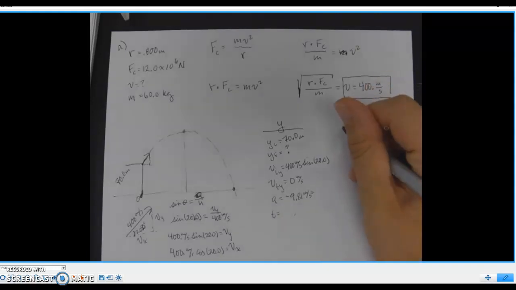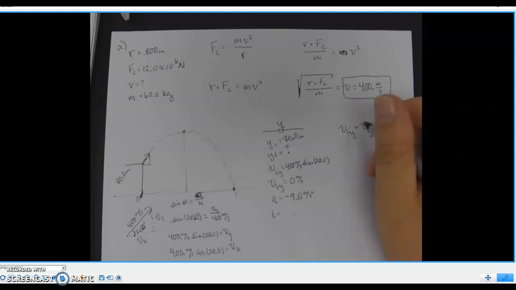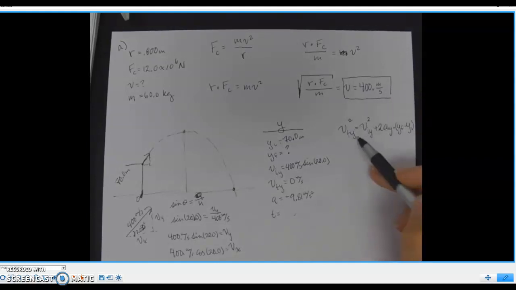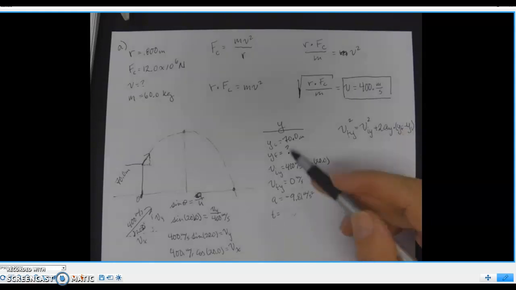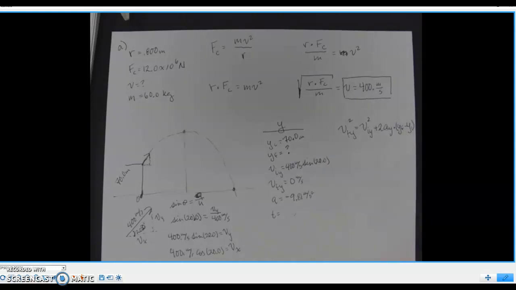So I'm looking at my kinematics, and we have this kinematic equation. It was velocity final squared equals velocity initial squared plus 2 times acceleration multiplied by delta y, in this case because I'm in the y's, but it could be used with delta x.